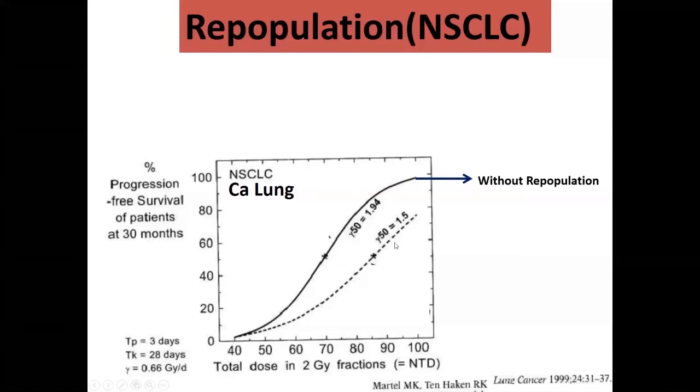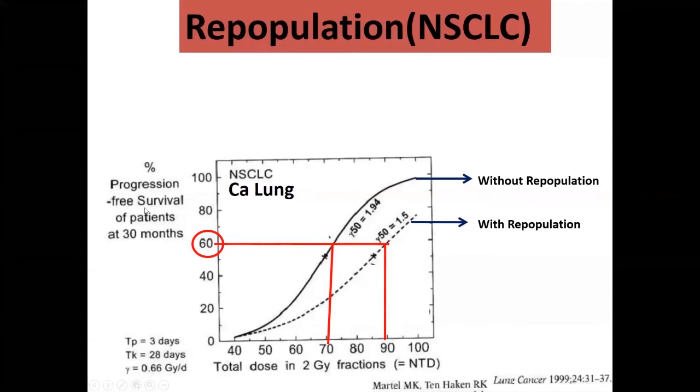This graph belongs to when there is accelerated repopulation during radiation. So suppose you want a 60% tumor control probability, then you have to deliver, say, 70 gray if there is no repopulation, but a higher dose, say around 90 gray, when there is repopulation. So this clearly shows that repopulation has a negative impact on tumor control, right?